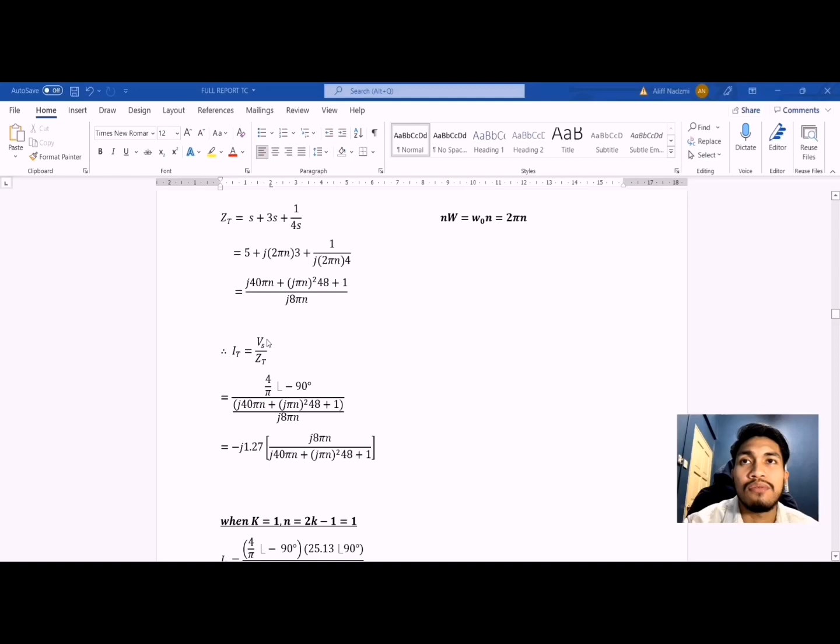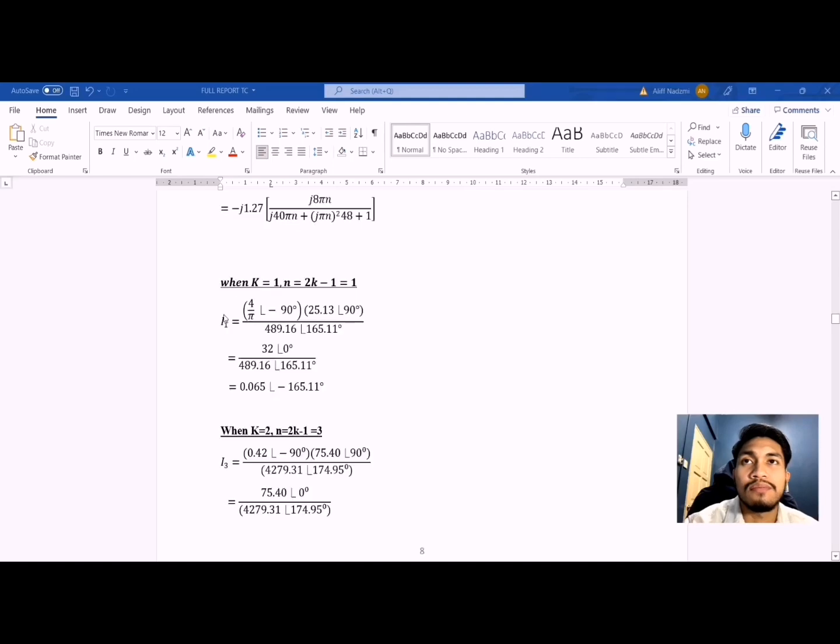And we just put the n value, and we will have the answer based on our n. So for I1, when k equal to 1 and n also equal to 1, we will have 0.065 angle of negative 165.11 degrees ampere.